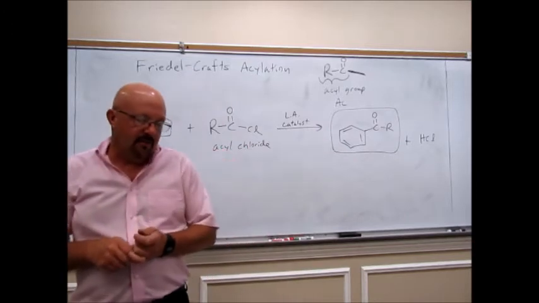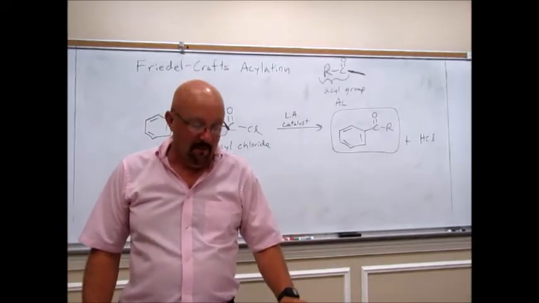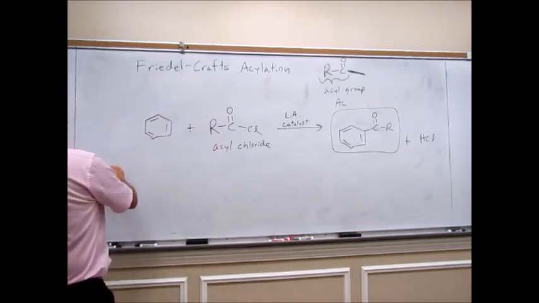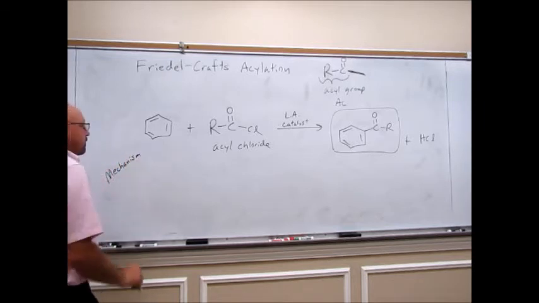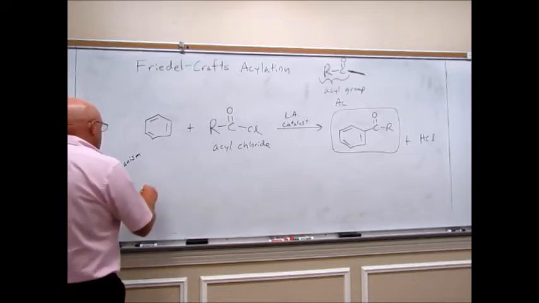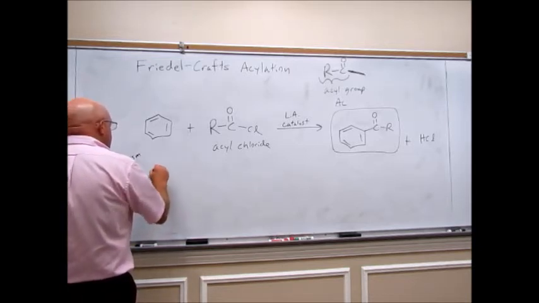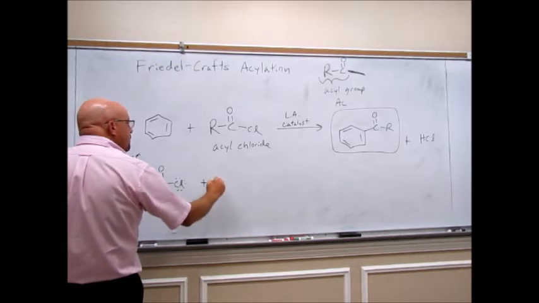Now let's look at the mechanism. The mechanism is the same as what we've been doing. I'll stay generic here for the mechanism as well, and then I'll put up a specific example. Let's write a Lewis acid catalyst here.